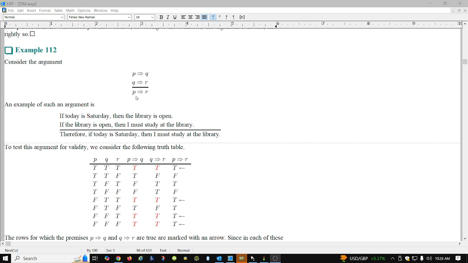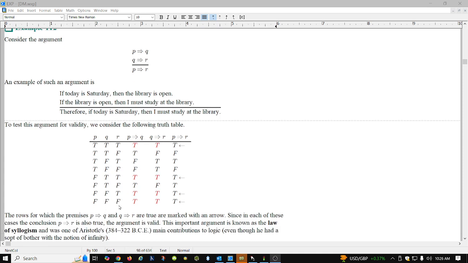Now we have three statement variables, so we need 8 rows. And we pick out the rows where both premises are true. There are 4 of them. And we check the conclusion, P implies R. It happens that in every case, the conclusion is true.